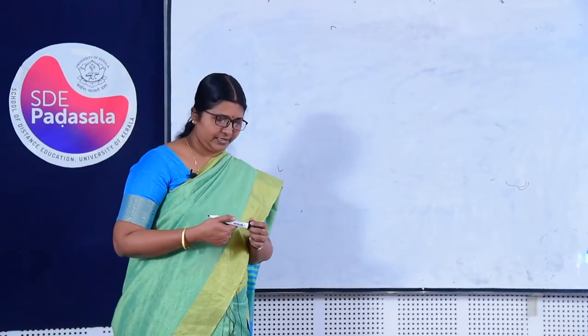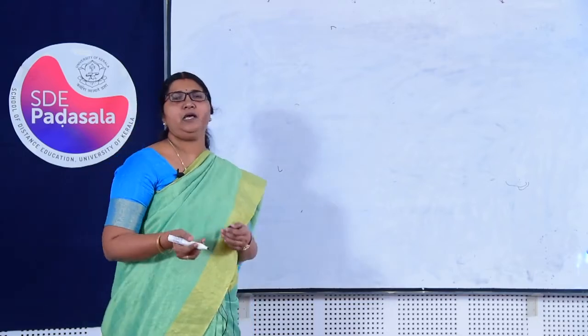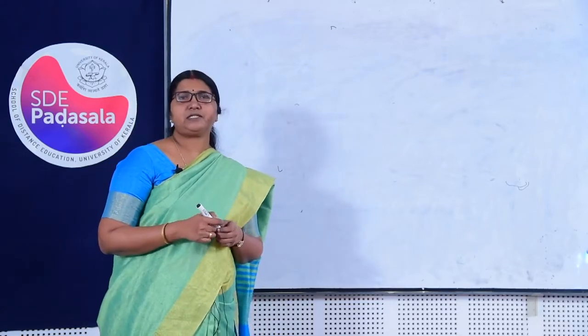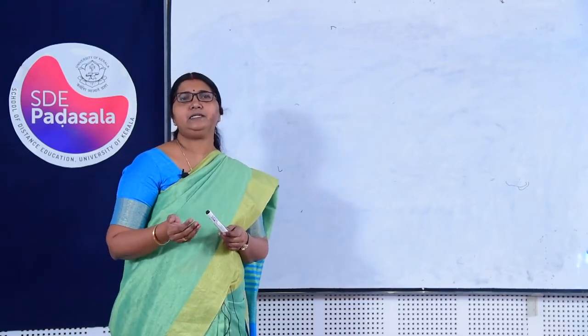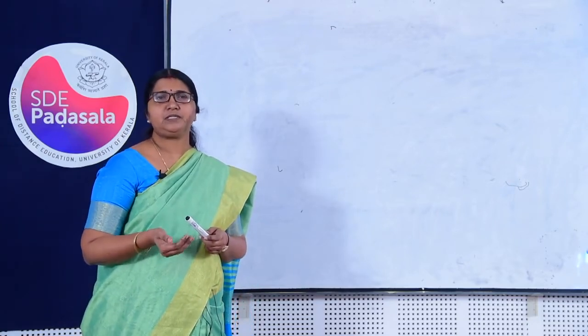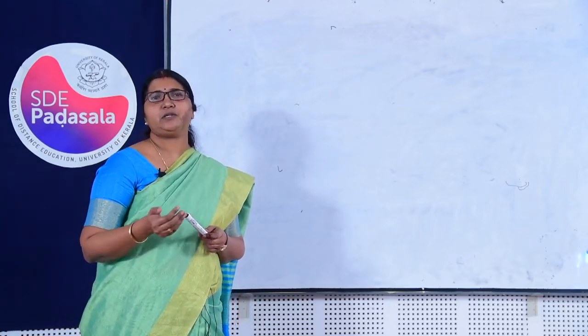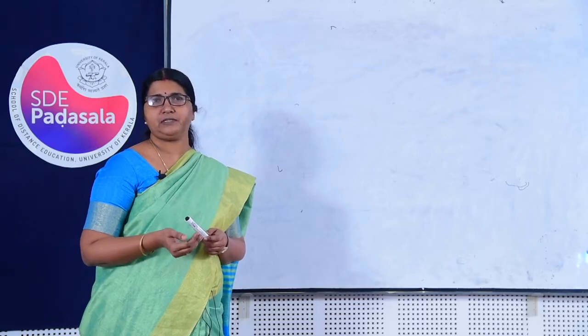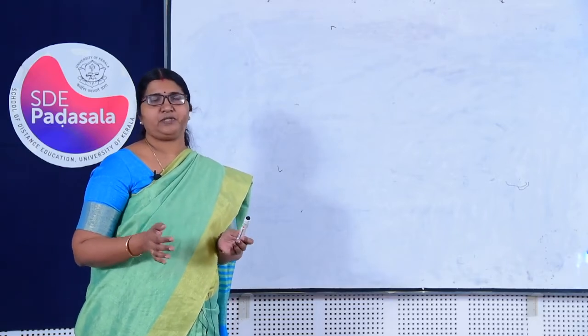Regarding Keynesian consumption function, as you all know, it states that as income increases, consumption also increases. However, increase in consumption will be less than proportionate to the increase in income. That is the statement of the theory.